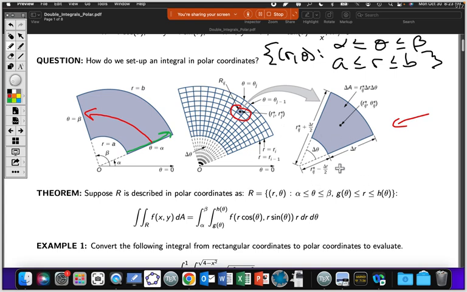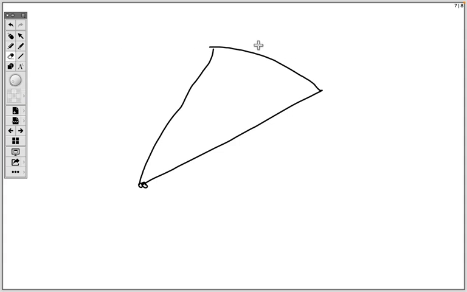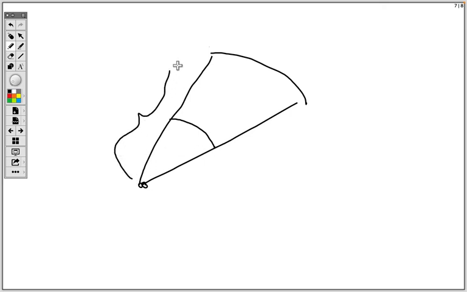Okay, so let's look at what's going on here. So we've got the pie wedge here, and it's missing this part. I'll call this the outer radius, r out, and I'll call this r in, and I'll call this theta.